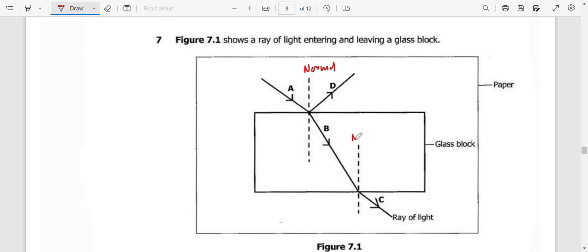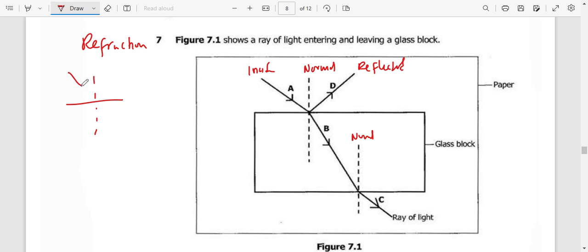This is the incident ray, this is the reflected ray. We have got reflection and refraction. The word I'm mentioning is refraction.